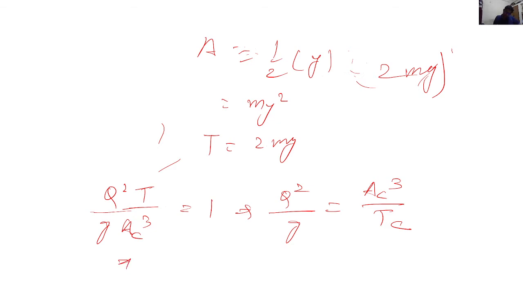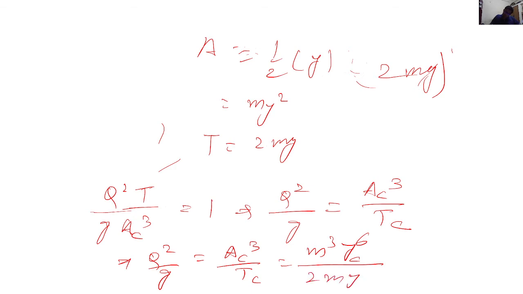Ac cubed happens to be the cube of m yc squared, so it would be m cubed yc to the power 6 by 2 m yc. So this comes out to be m squared yc to the power 5 by 2.